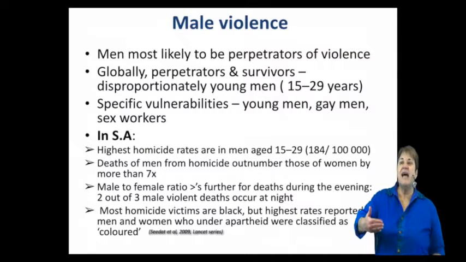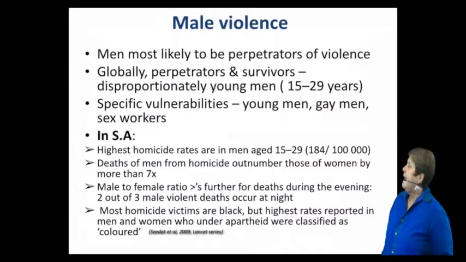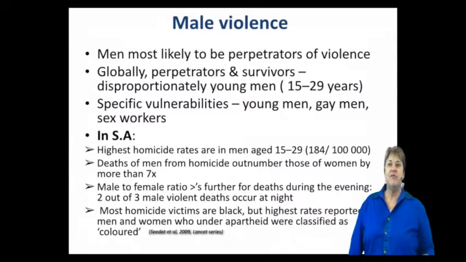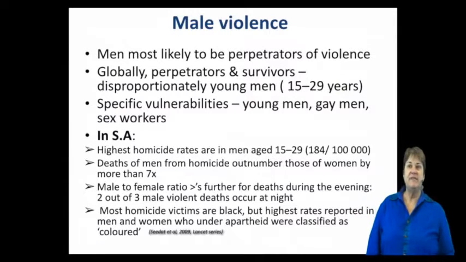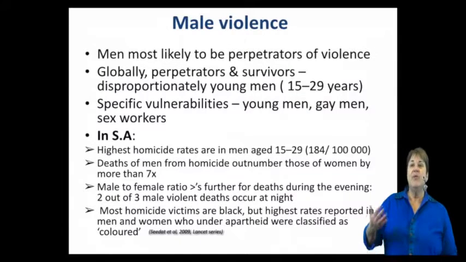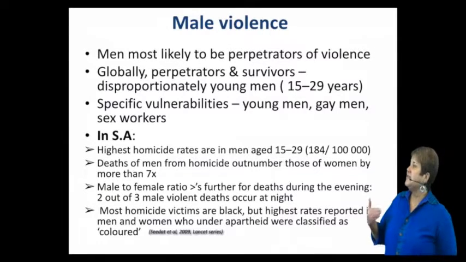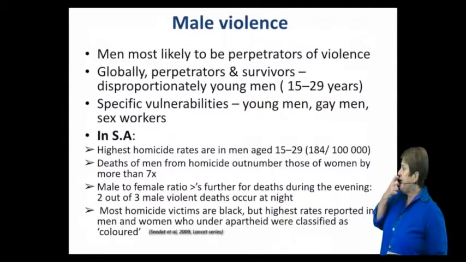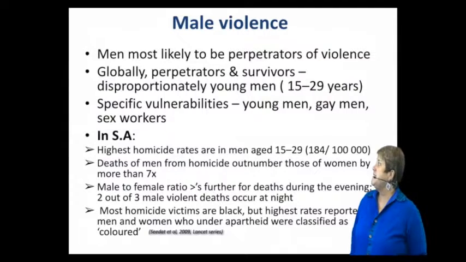If you look at it outside of a war situation, which we're not in, deaths of men from homicide outnumber those of women by more than 7%. So although gender-based violence against women is most common, when it comes to dying, the highest rate of death is male-on-male violence. And there are different times of the day.